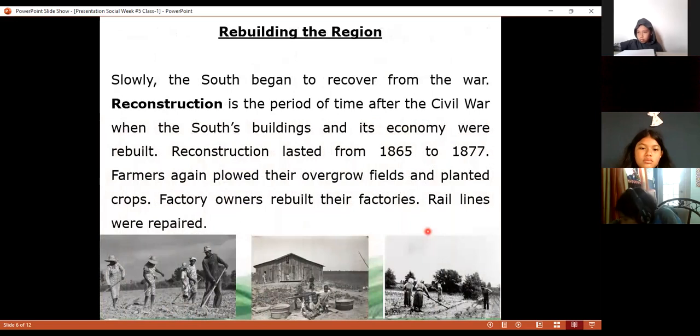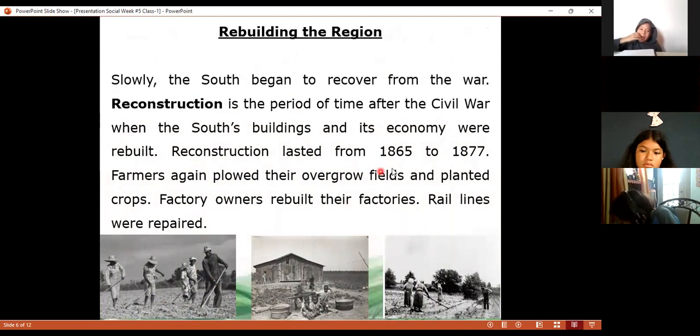Then the South, because many places were destroyed, but the place that was most destroyed was the South. So there was a time of reconstruction, remember, after the 4 years of the Civil War. So they started building their economy, rebuilding their houses.